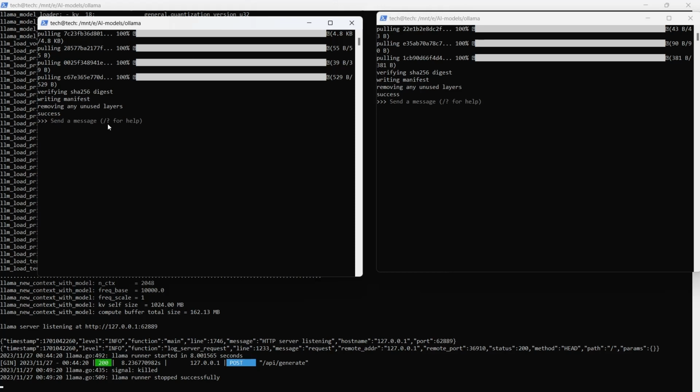The one on the left is Llama 2 Uncensored. Tell me a story about Tokyo Azabu Juban neighbor. And on the right side I have the other model, Mistral.